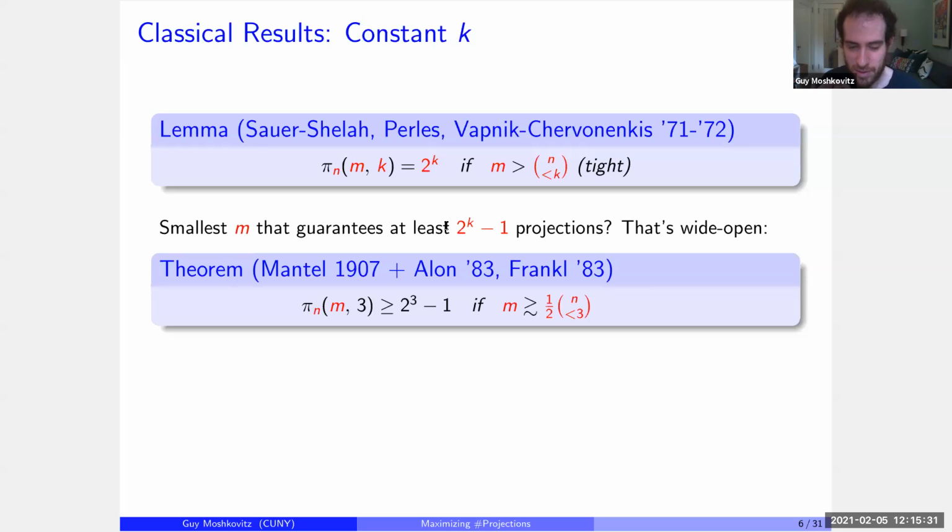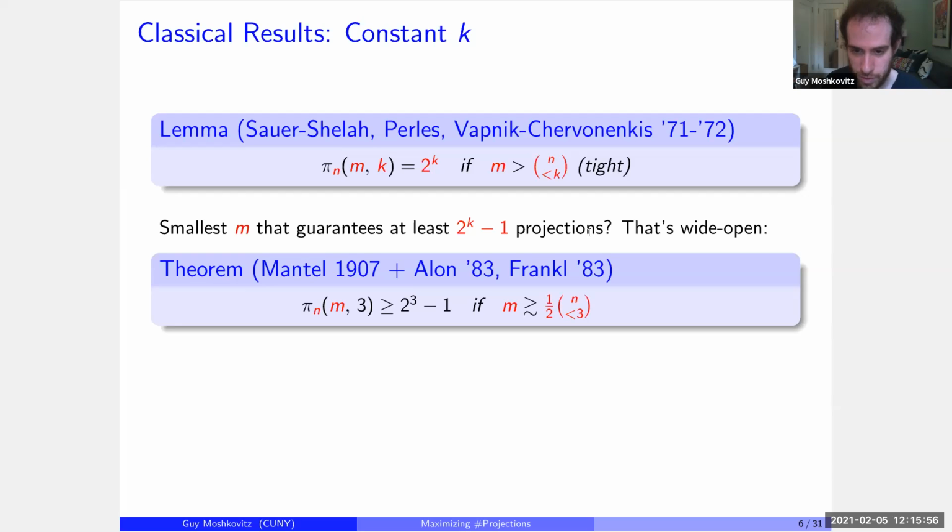Well, if you take the very particular case of k equals 3, then actually this is solved. And here's the point. Alon and Frankl both observed that you can assume without loss of generality that your family is monotone. So if it contains a set, then it also contains all its subsets.